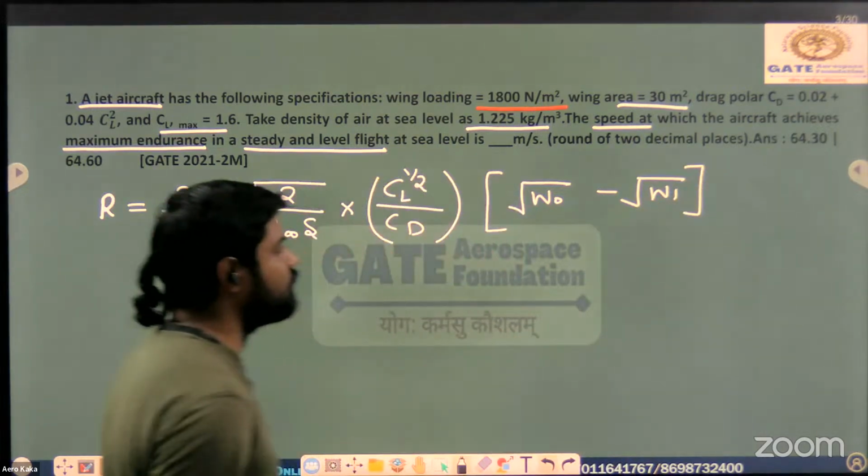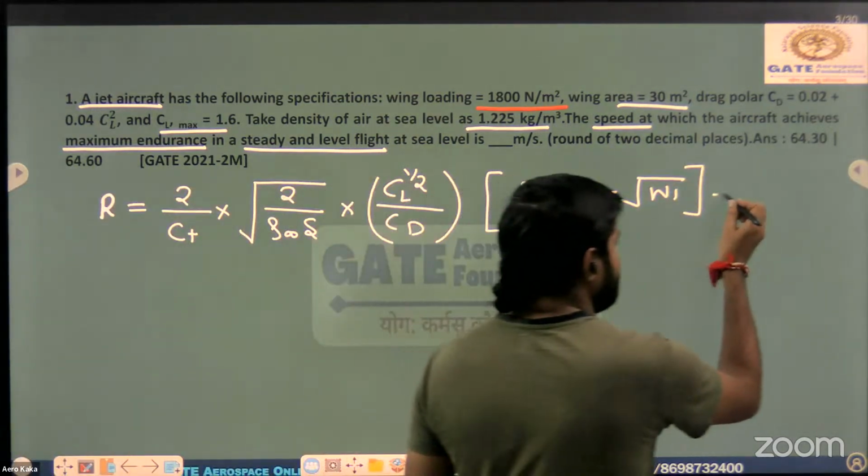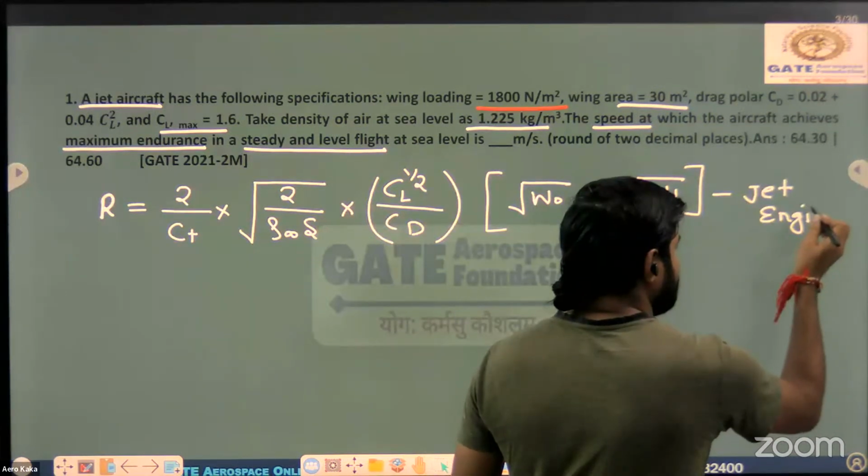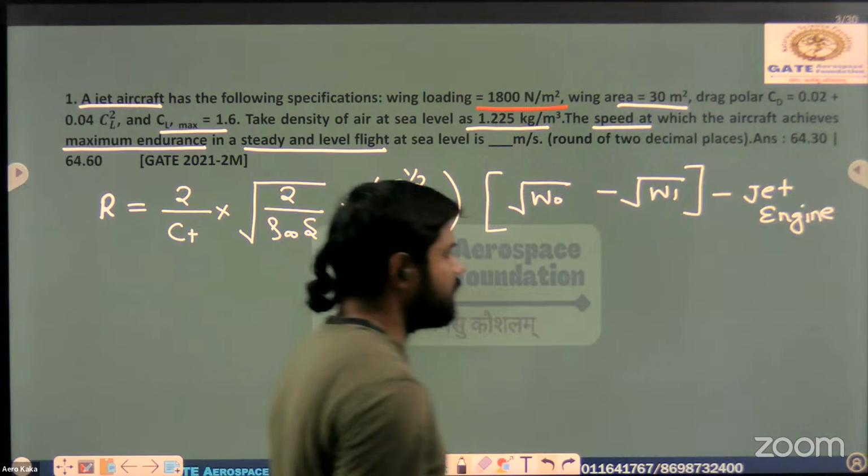That's your range formula for this jet engine aircraft. For a jet engine power plant, or you can say aircraft.